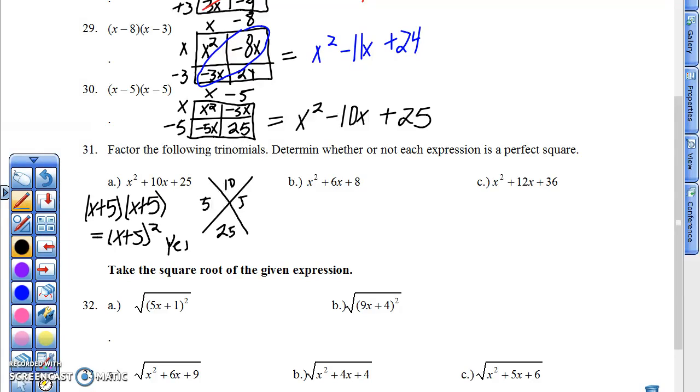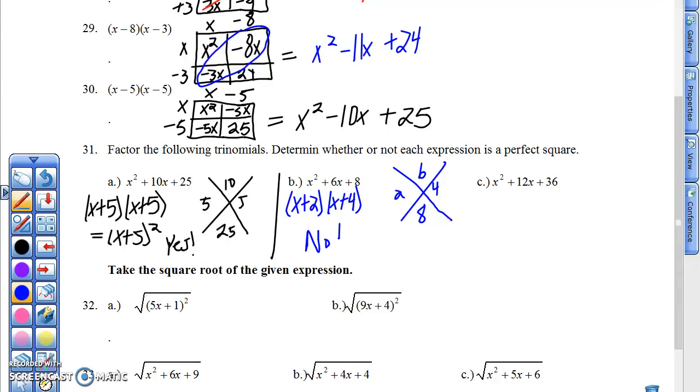So it is a perfect square. B, x squared plus 6x plus 8, so factors of 8 that sum up to 6, 2 and 4, x plus 2, x plus 4, cannot be combined and written as a perfect square, so that is not a perfect square.